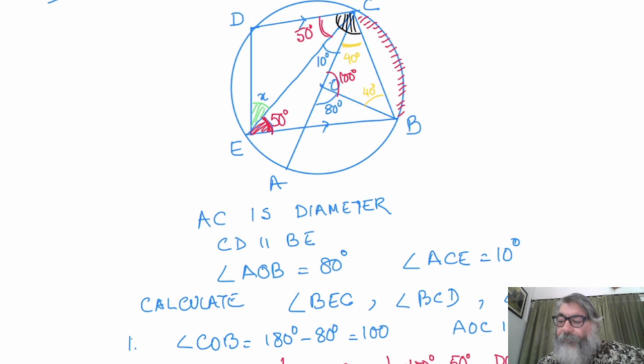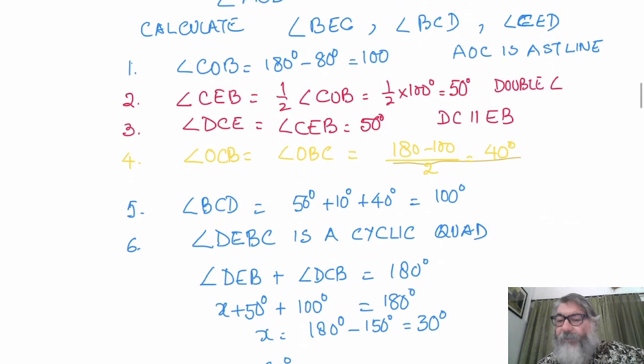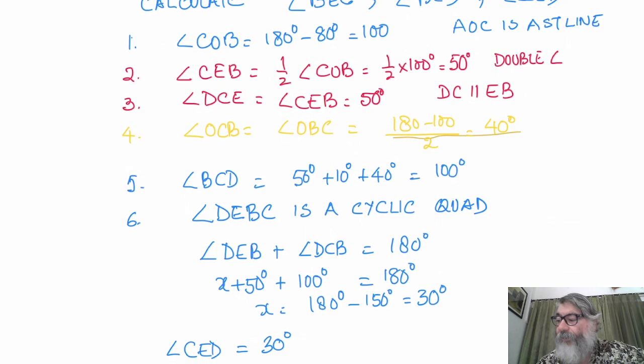And once I have got 50, 10, 40, I got this angle to be 100: 50 plus 10 is 60, 60 plus 40 is 100. Once I have got this 100, the opposite angle has to be 80. Out of 80, 50 I know, so the remaining will be 30 degrees. That's what we did. Now I have exceeded my recording time, so I stop this and I'll come back after some time with another video.